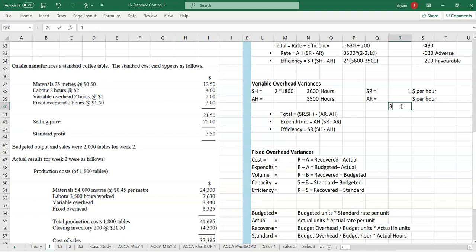So it's going to be 3440 divided by 3500. So this is a number. Let's work out everything. We need SR, SR is 1, into SH.